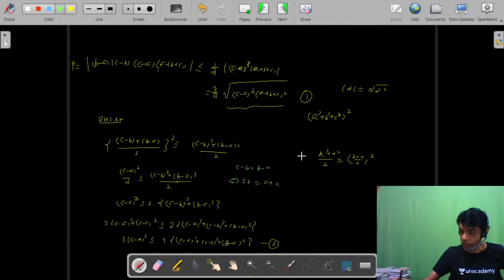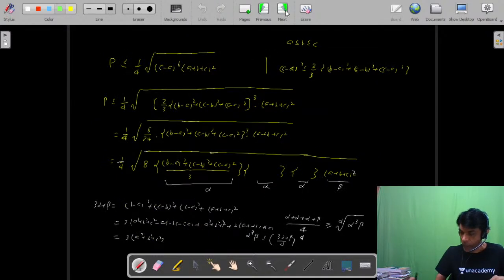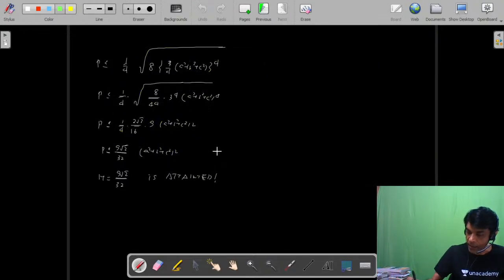Second, you come here, where we applied it again. Here you applied it on these numbers. So this will hold when a plus b plus c squared is equal to this, right? This will hold when alpha equals beta. So I will write on the next page.